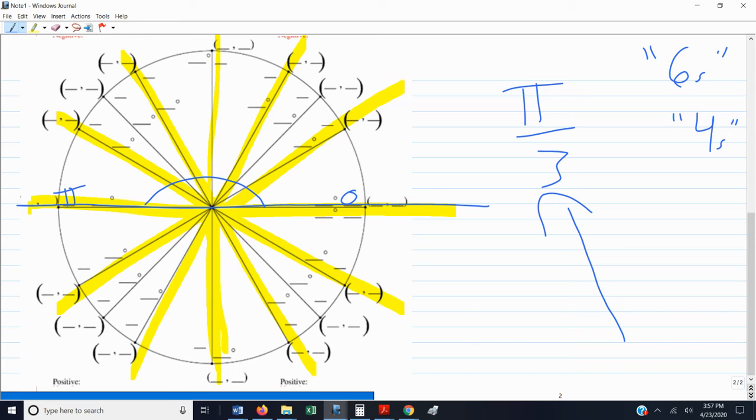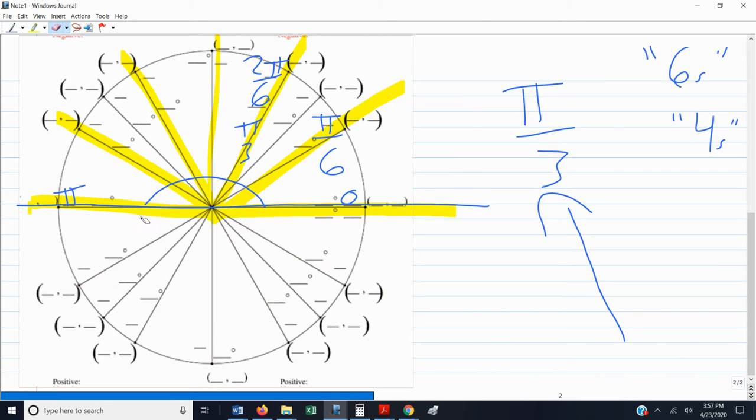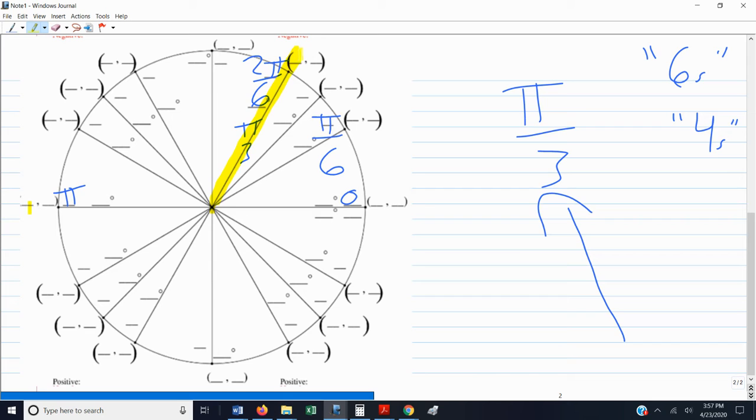If I start doing that, the first one is 1 pi over 6, the second one is 2 pi over 6, and that's actually my answer right there, because that reduces to pi over 3. So ultimately what you are trying to get to is, where is pi over 3 on the unit circle? And it's right here.